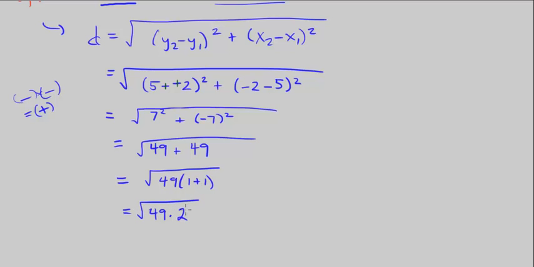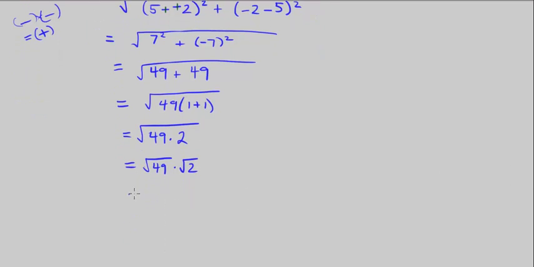I know the square root of 49 is 7, so I could have pulled the square root of 49 out as 7, because this is the same as the square root of 49 times the square root of 2. The square root of 49 is 7, and then we still have the square root of 2.